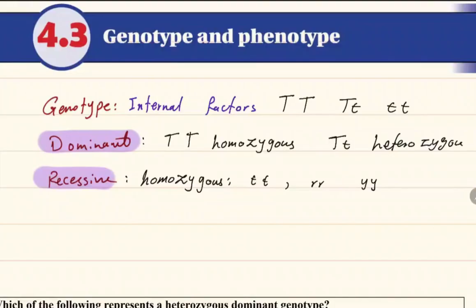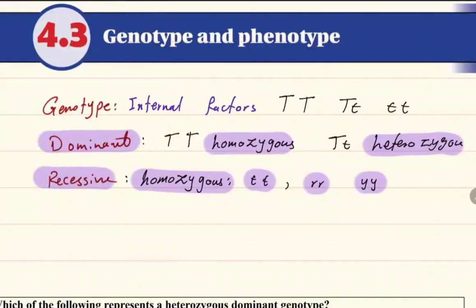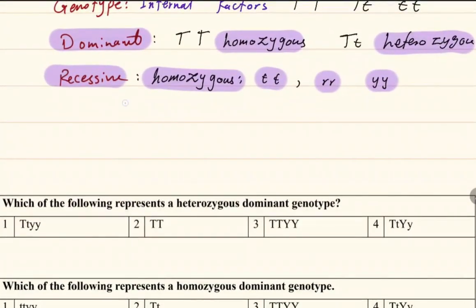If it is dominant, it can be homozygous, the same, or heterozygous, which is different. Homo means the same, hetero means different. The recessive can exist only in the homozygous, which means the same, not different. So if I say T capital, T small, this is going to be dominant, but it is heterozygous. T capital, T capital, homozygous, pure, or homozygous dominant.